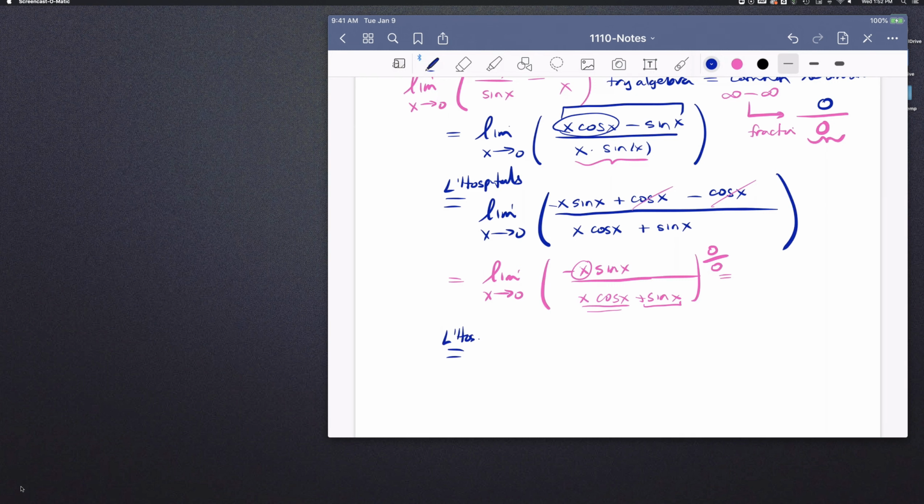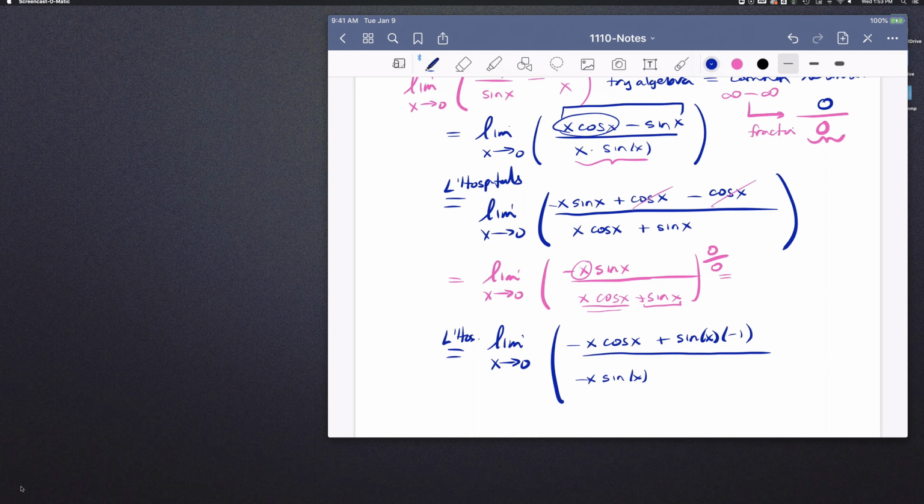Okay, so we'll get the limit as x goes to 0. First times the derivative of the second plus the second times the derivative of the first divided by, okay, let's see what happens here. First derivative of cosine is negative sine.